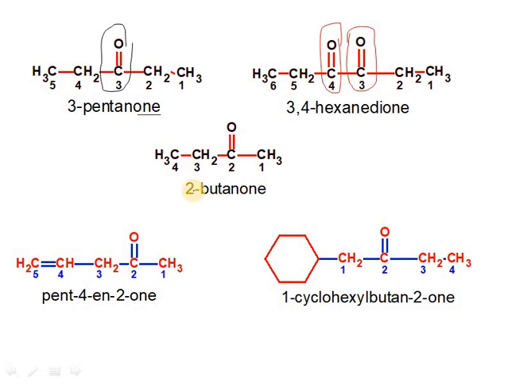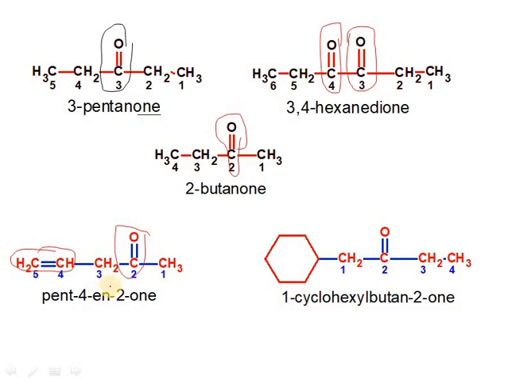Next example: numbering is given as per IUPAC: 1, 2, 3, then 4. 4 means the parent name is butane, but the second position has the carbonyl, so 2-butanone. Another structure like this: the numbering was done like this: 1, 2, 3, 4, and 5. It has two functional groups, one is this carbonyl carbon and the second is the alkene.